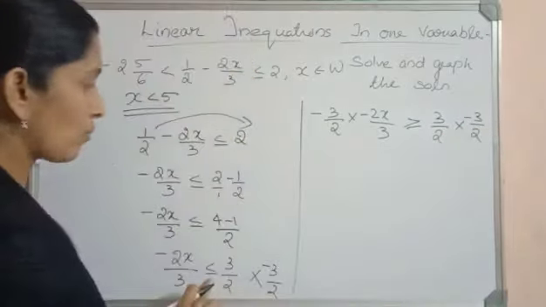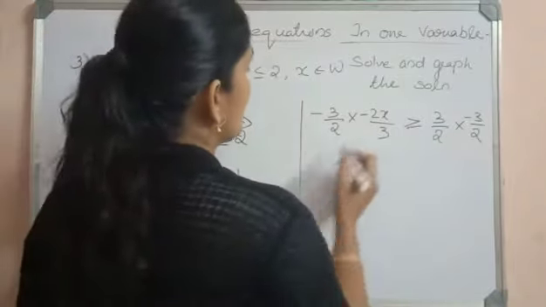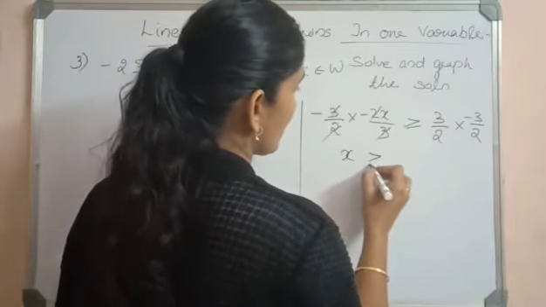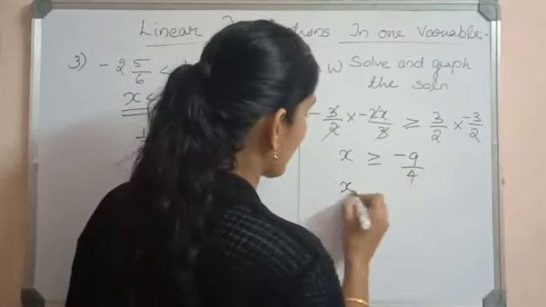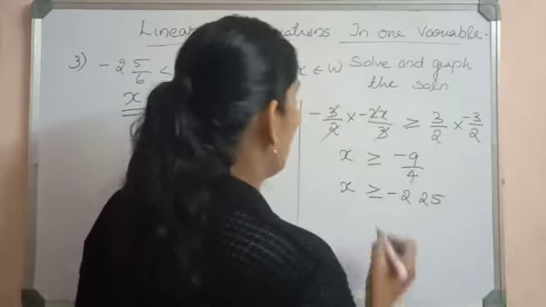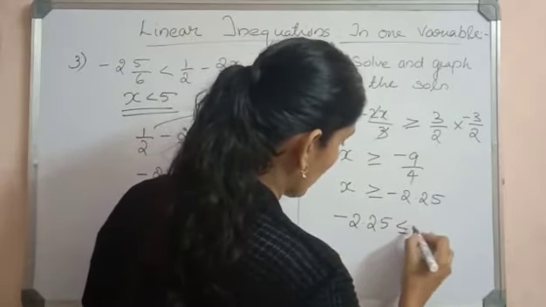Here the sign of inequality reverses since we are multiplying it with a negative number. So cancelling these terms, you get x is greater than or equal to minus 9 by 4, and that is same as x is greater than or equal to minus 2.25. Or we can write this as minus 2.25 less than or equal to x.